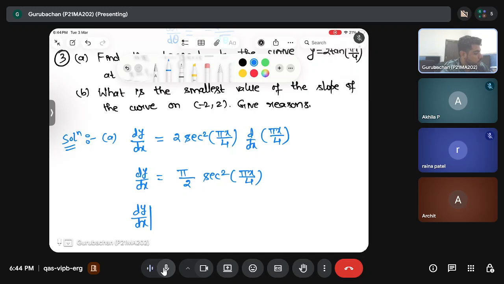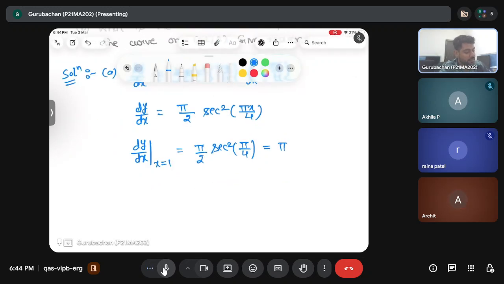So at x equal to 1, this will be pi by 2 secant square of pi by 4. What is the value of secant pi by 4? 1 by under root 2, and its square, so it will give you pi. Since x equal to 1, what will be the value of y at x equal to 1?